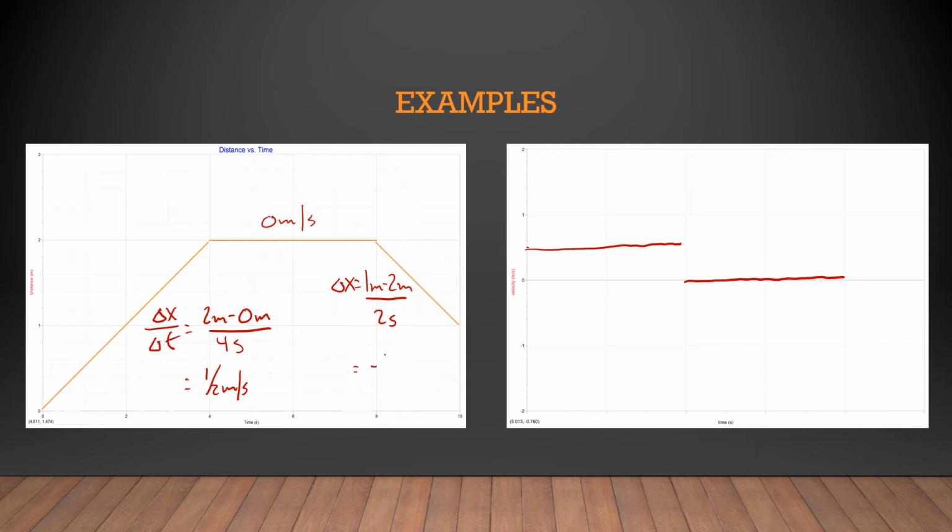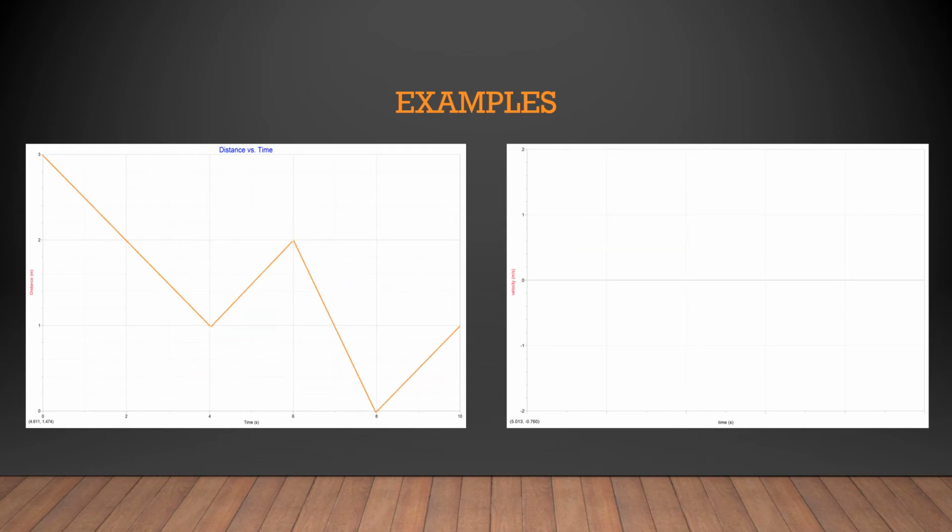We end up with negative 1/2 meter per second as the velocity for the last 2 seconds. So my graph would look like that. But the vertical lines don't really exist. You can draw them in if you want, or dashed lines, either way. I'm okay with that. But that's how you would take a position graph and turn it into a velocity graph.